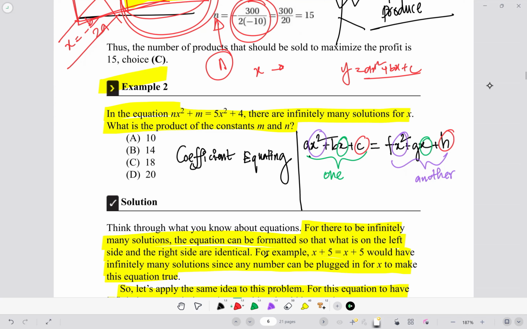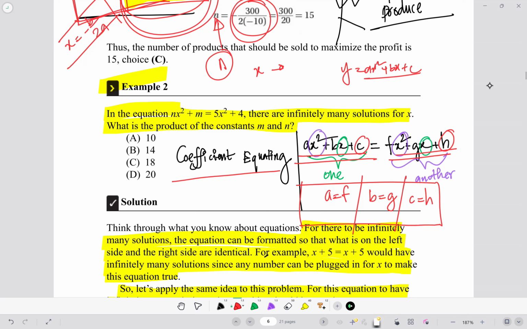Coefficient equating tells you that if these two are identical or equal, then a equals f, b equals g, and c equals h. This is the concept of coefficient equating.